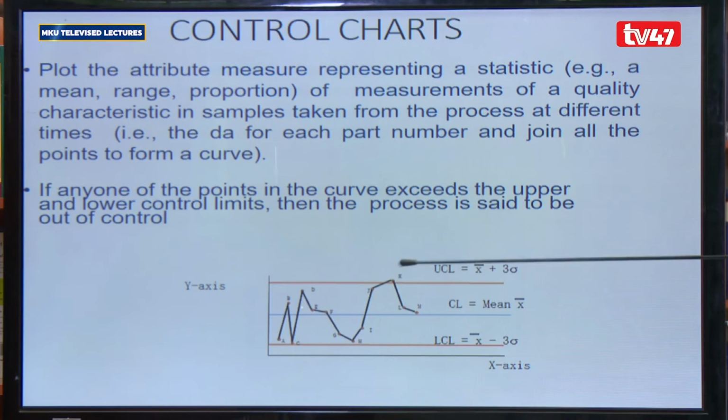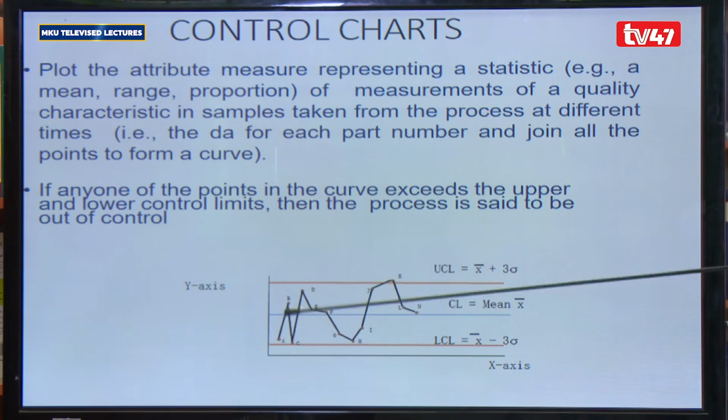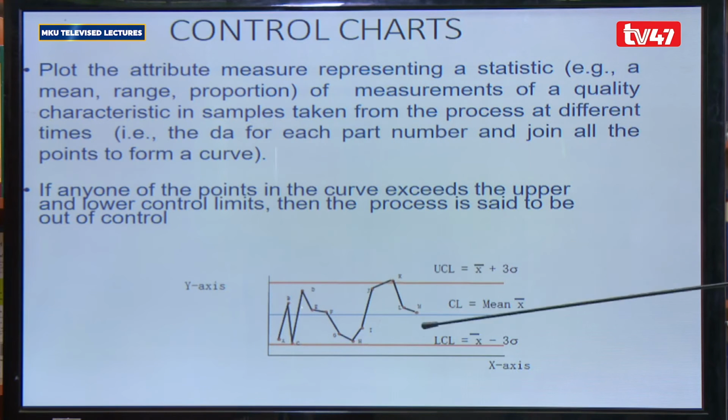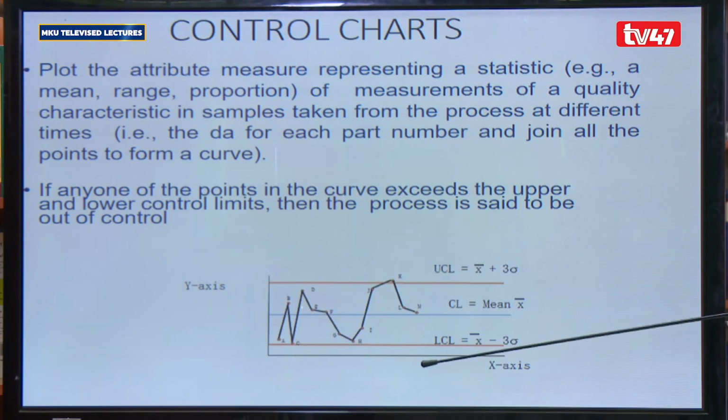At the end, we should plot the attributes of the individual samples, depending on what we were investigating. And what we end up with is this. We have the center line, which gives the average of the mean of the samples, and then we have the upper threshold and the lower line that give us the threshold beyond which we can say that it is undesired.